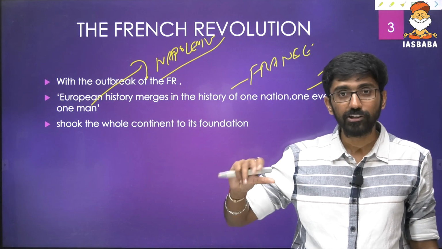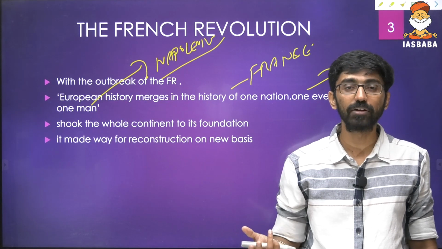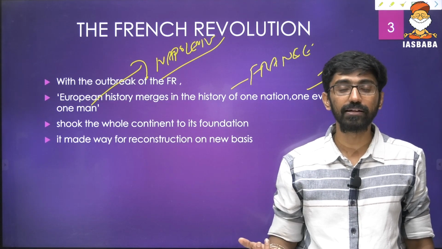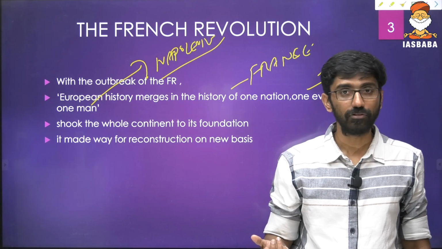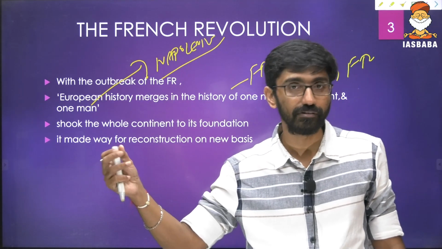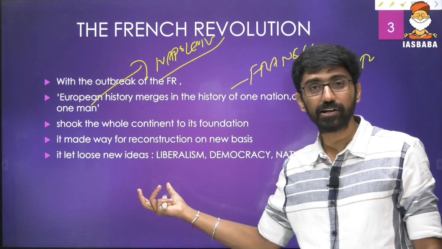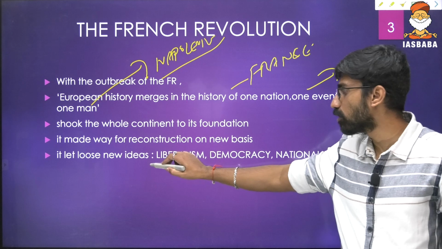The people wanted a new foundation for all their countries. That is how Germany took birth, and at the same time Italy rose as a nation. It was a new reconstruction on a new basis: liberty, nationalism, equality. New ideas came into existence, liberty, equality, fraternity, and that led to liberalism.